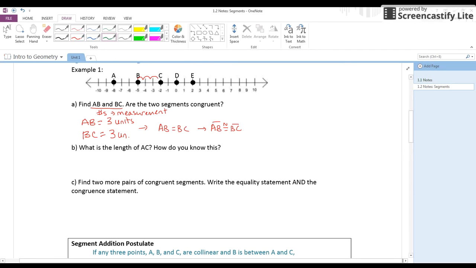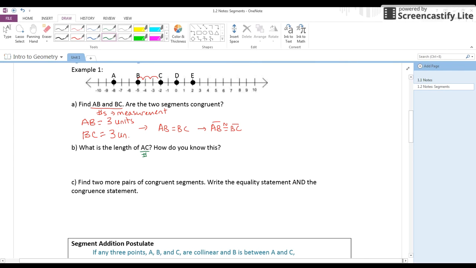Okay. Then if we take a look at this segment AC, remember, it's perfectly fine to skip over other points. You can have one start and one end point on any part of the line. So we can do the same thing as before. And remember, this notation AC without the line on top means we just want that number value. Okay, so I can start at A and I can count to C, or something you might have noticed, there are 2 segments that actually make up AC, and we just looked at them earlier.